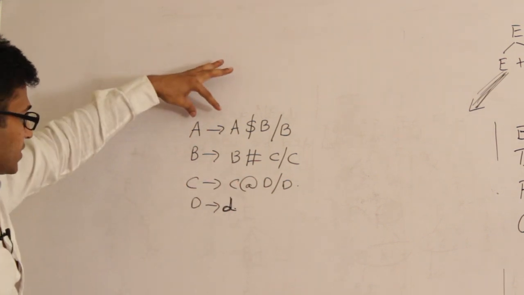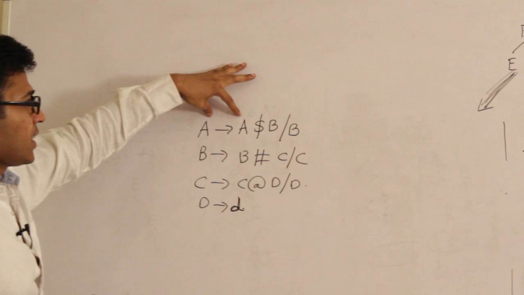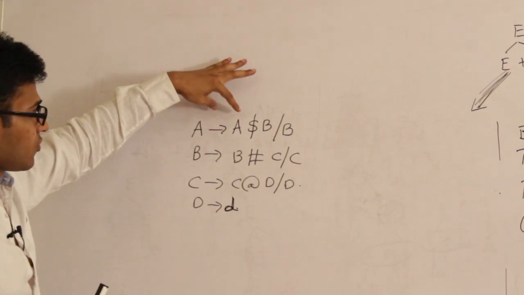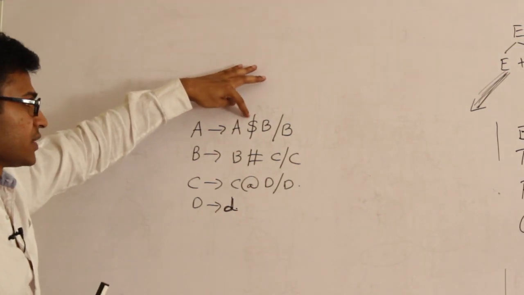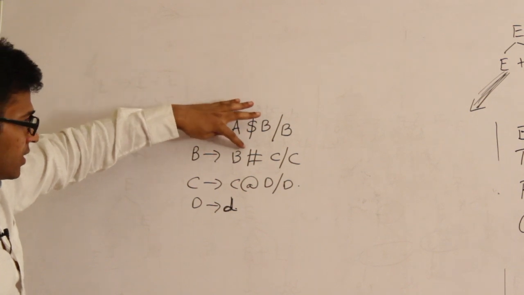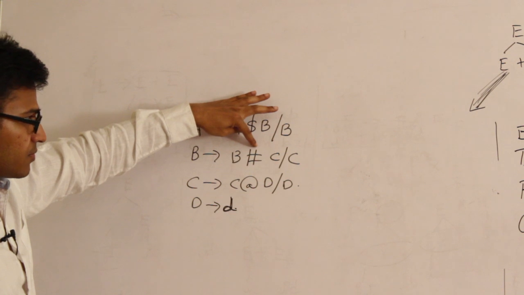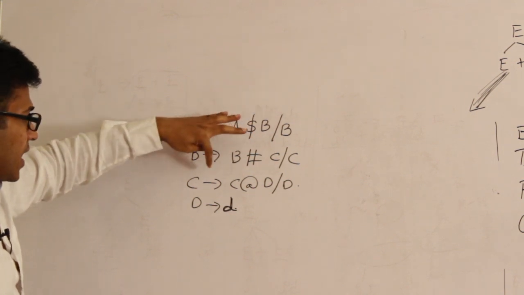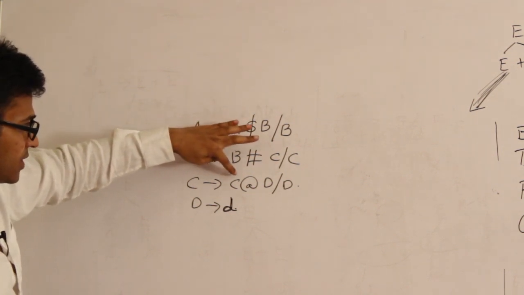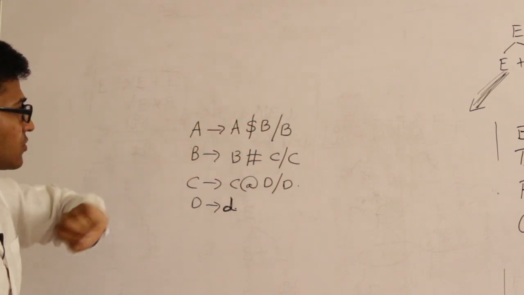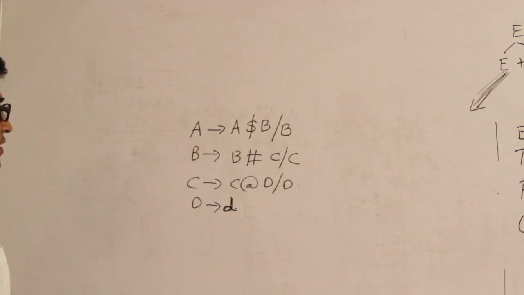So if you look at this, the grammar is defined as left recursive. Therefore dollar should be left associative, isn't it? And then hash is defined as left recursive. Therefore hash should be left associative, and @ is also defined as left recursive. Therefore @ should be left associative, isn't it?